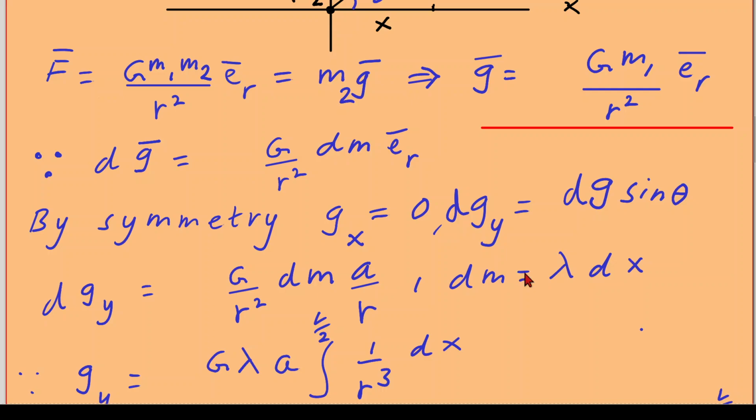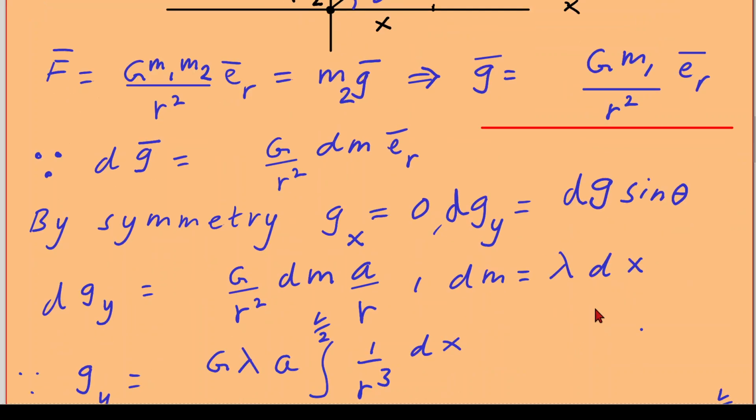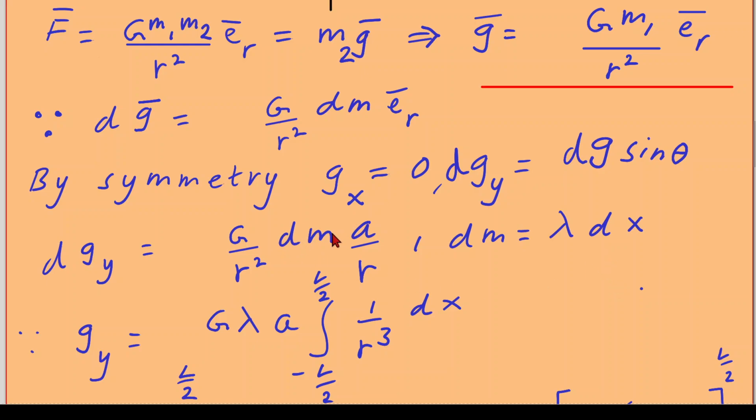And then the mass element can be written in a different way. It's the one-dimensional mass density, often called lambda, times the length of the element, that we will call dx. And then we put it all in here.